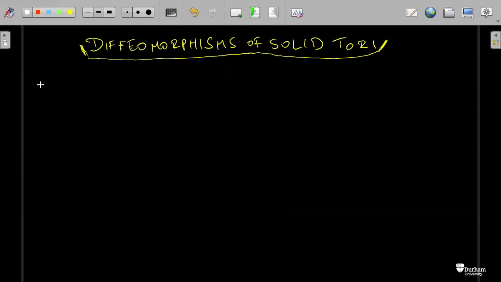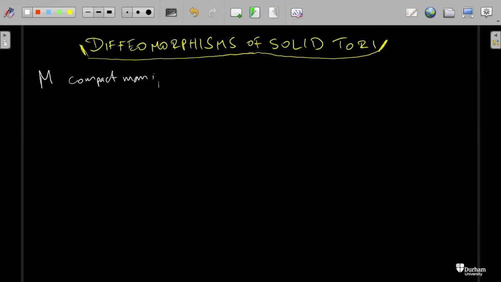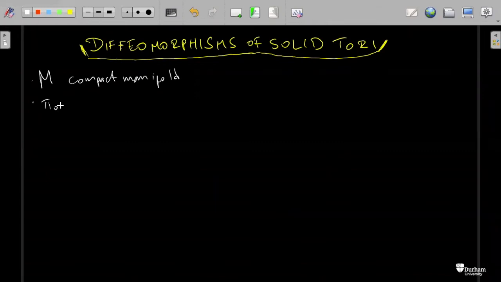So if you fix M, a compact manifold, I'm talking about smooth manifolds here, then you can look at its mapping class group, which is the group of path components of the group of diffeomorphisms of M relative to the boundary, meaning which are the identity near the boundary.